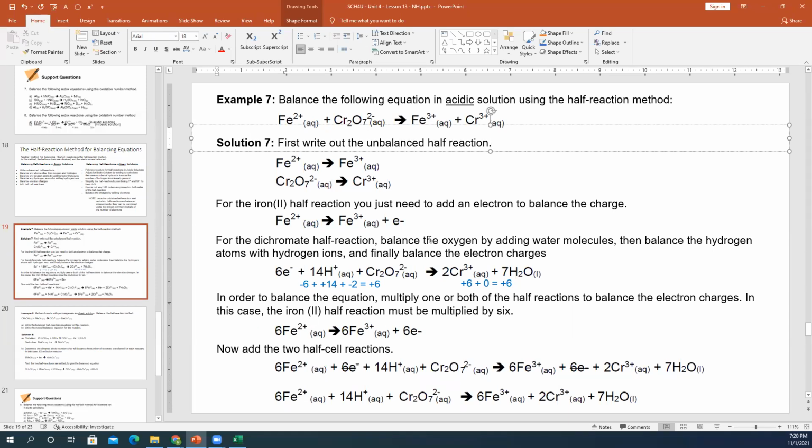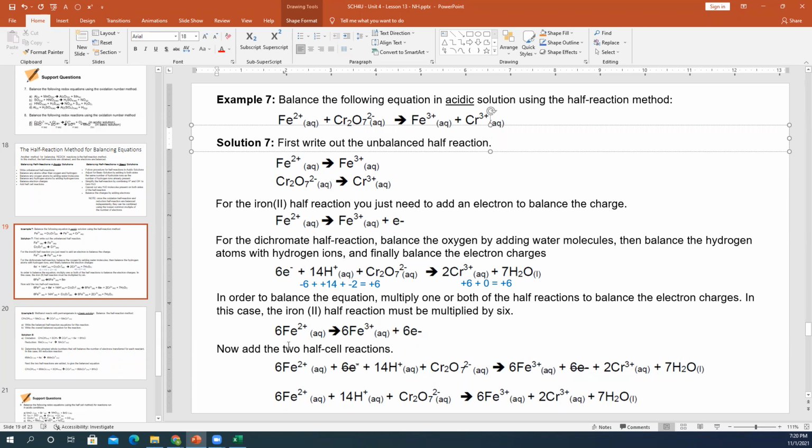In order to balance this, we'll see that the iron half reaction, if you multiply it by 6, you will end up with the right number of electrons. You'll end up with 6 electrons. So multiplying the iron half reaction by 6, now it's 6 Fe2+ going to 6 Fe3+ plus 6 electrons.